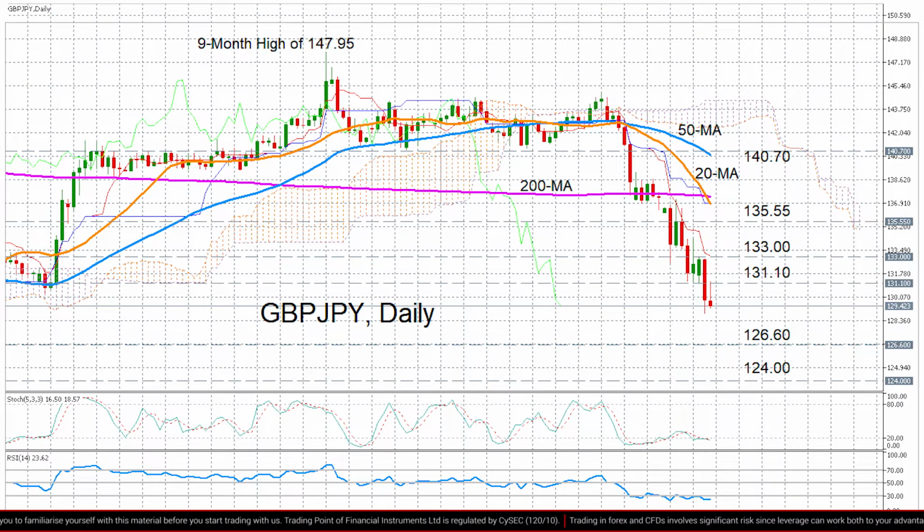So if prices continue to slip, the next major support should arrive at 126.60, followed by the 124 handle.